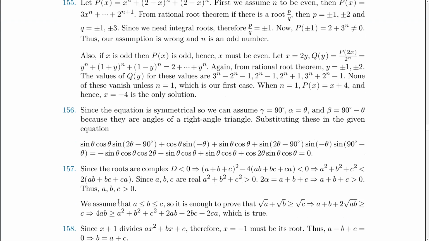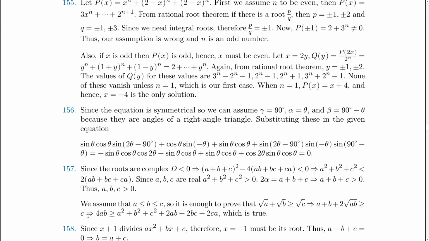So without loss of generality, we can assume that A is less than or equal to B less than or equal to C. So if we can prove that square root of A plus square root of B is greater than or equal to square root of C, then that should be enough. So from here, we put square root of C is equal to 2 square root of AB, which is greater than or equal to C. So we square both sides essentially.